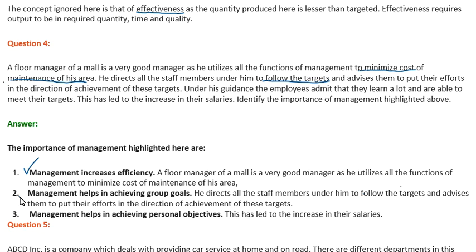That means management helps in achieving group goals. They are all able to complete the targets, and under his guidance they all are learning a lot, and they were increasing their own salaries also. So that means management is helping in achieving personal objectives also. So these are the 3 points associated with this case study.